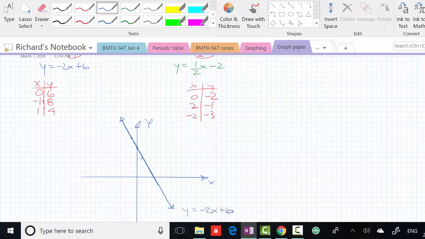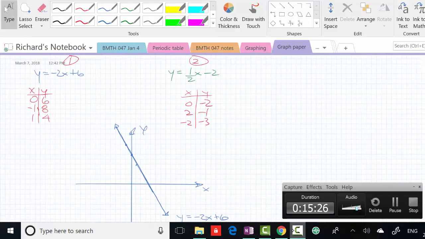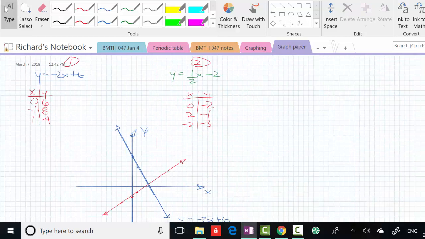Now I'm going to plot the points and draw the line for graph number 2. Now I've drawn the graph for the ordered pairs corresponding to equation number 2, and I'm going to label it on my graph.